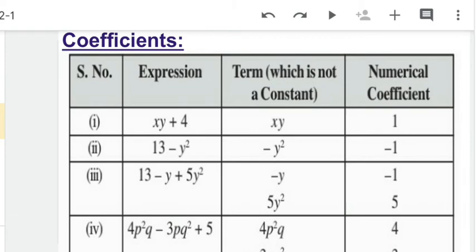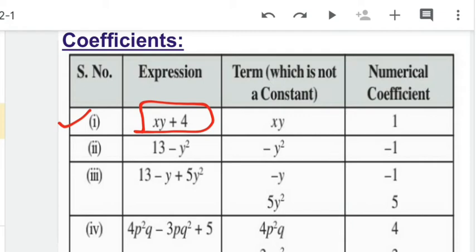Now another important thing in this chapter is the coefficient. You have to focus on what a coefficient is. So look at this table. In the first part, we have the expression xy plus 4.